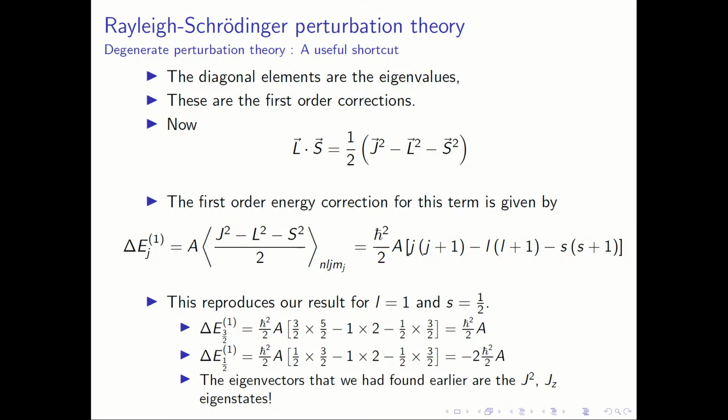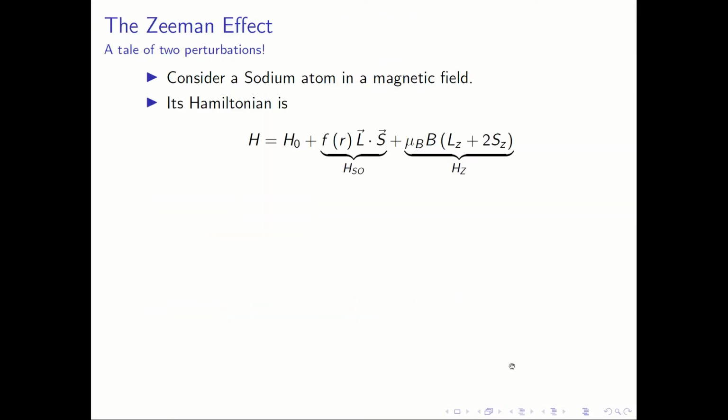Now, if I put the same atom in a magnetic field, how do things change? Now you have a Hamiltonian, which is H0, the independent electron approximation effective theory Hamiltonian, spherically symmetrical for the outermost electron, not the Coulomb problem, but Coulomb plus screening potential, plus of course the spin orbit interaction term, plus another term proportional to the magnetic field.